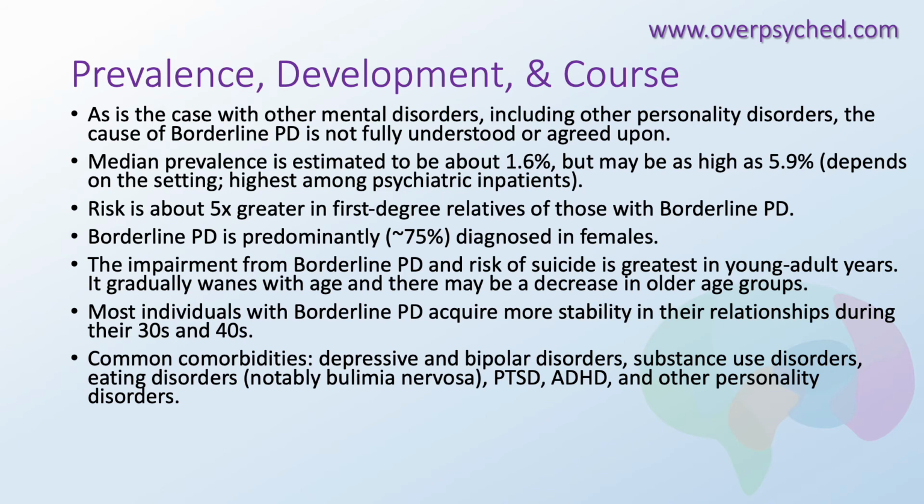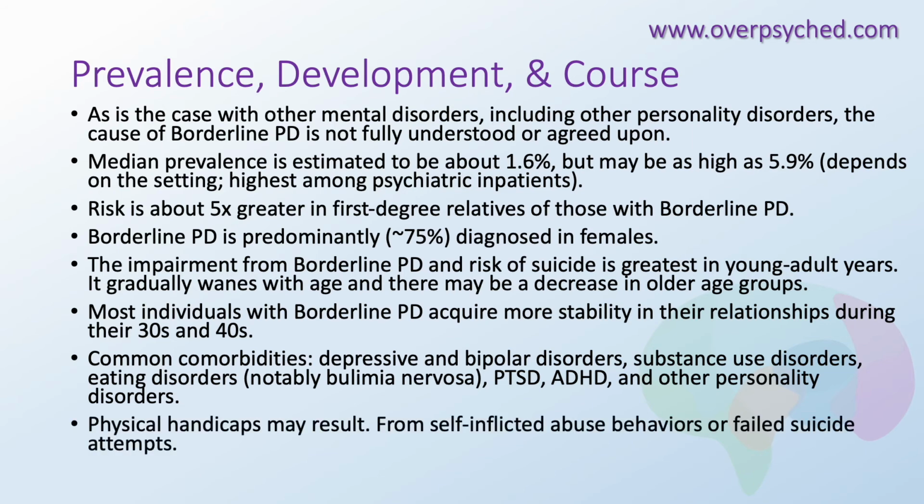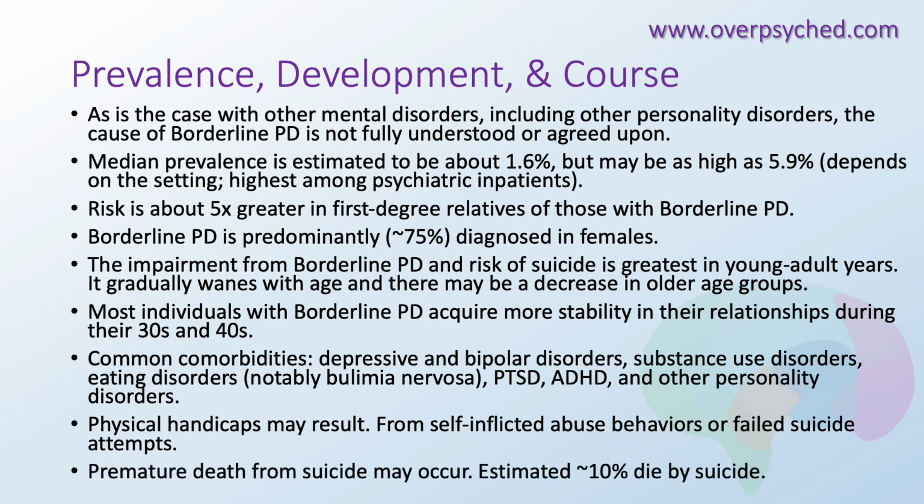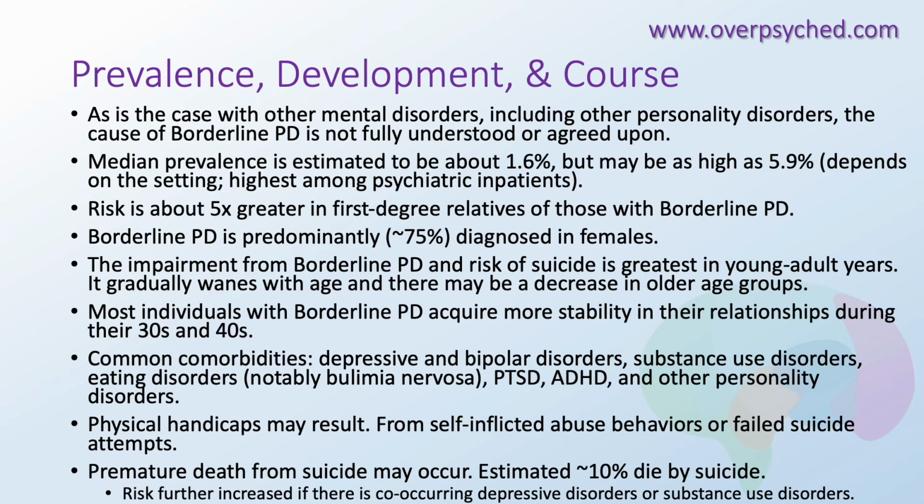These individuals may also develop physical handicaps, which typically result from self-inflicted harm. And unfortunately, premature death from suicide may occur. It's estimated that about 10% of individuals with borderline personality disorder die by suicide. And this risk is further increased if there is co-occurring depressive disorders or substance use disorders.